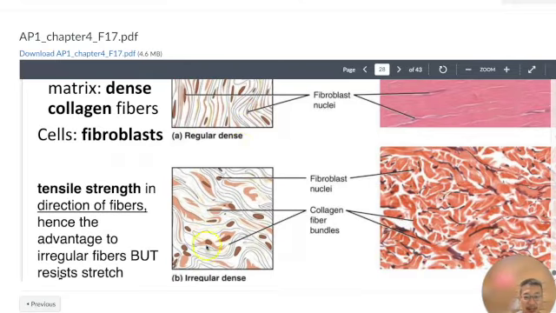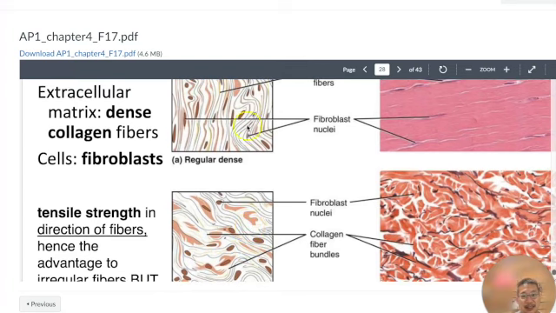Now for the irregular dense, you can see the fibers are in all directions. It stretches in all directions, but it will be less in just one direction. It will be all spread out, but not in one direction. For example, the regular one would be in the vocal cord.